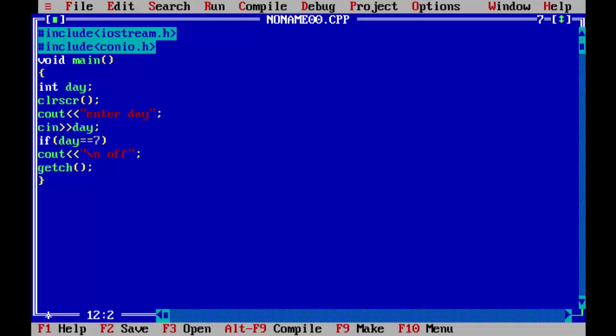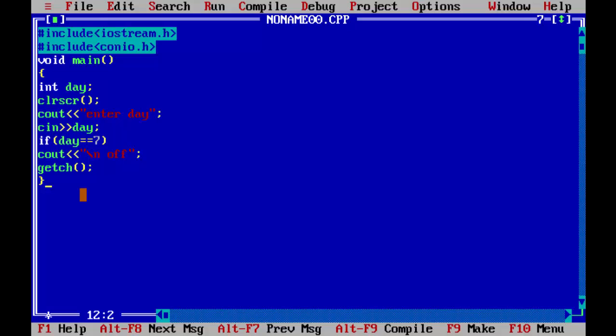So on which day there must be a holiday? So I put that on which day there will be a holiday, which is 7. So if the day is equal to 7, there will be a holiday, which means off.